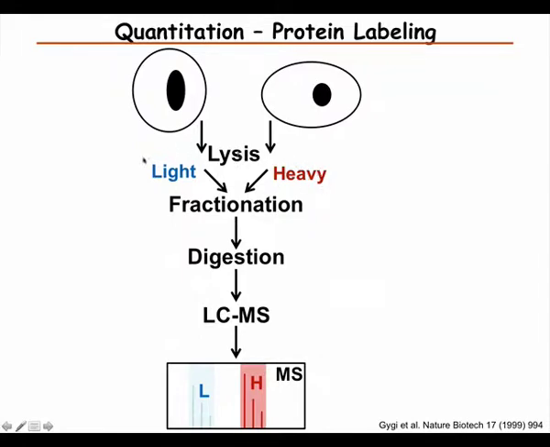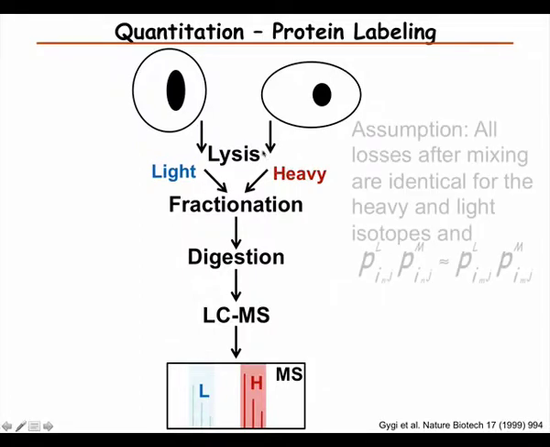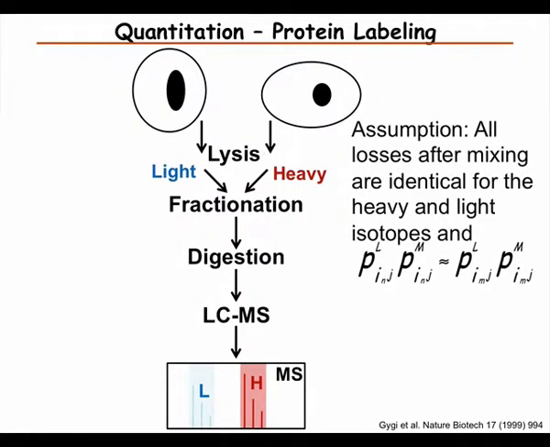Here you, for example, label all the cysteines in all the proteins, and then mix them together after labeling. We're going to look at a few examples where we introduce the heavy label later and later. And of course, there are more and more.